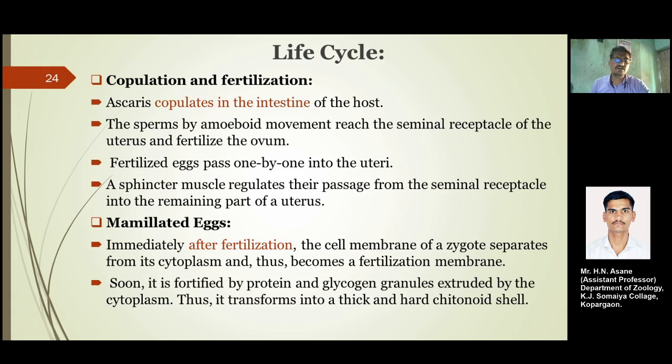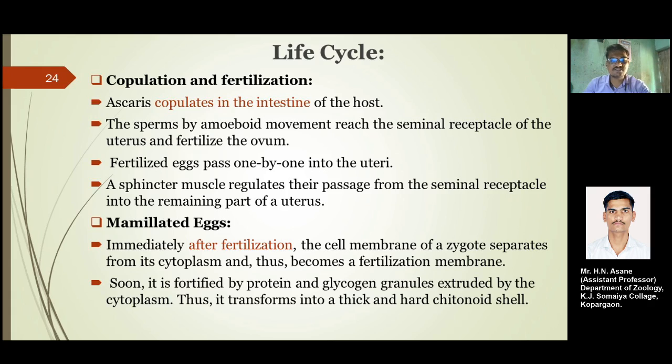So immediately after fertilization, the cell membrane of a zygote separates from its cytoplasm and thus becomes a fertilization membrane. Okay, soon it is fortified, coated by protein, and glycogen granules are secreted by the cytoplasm.